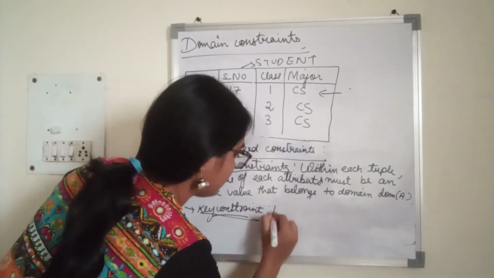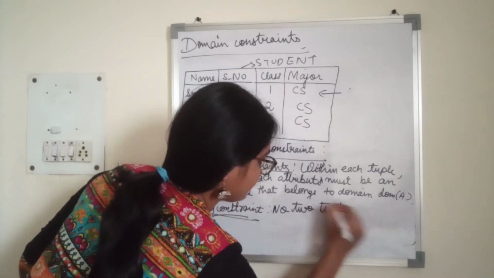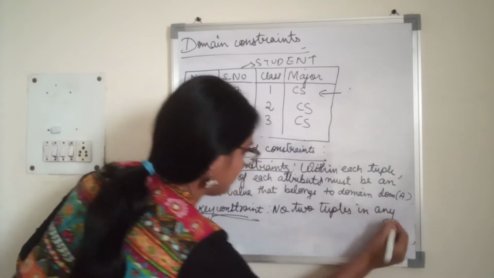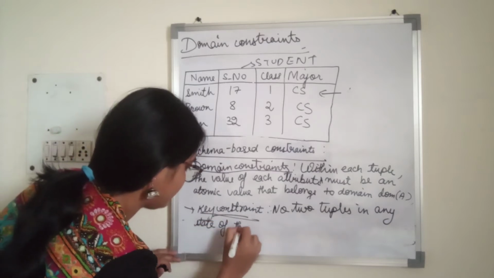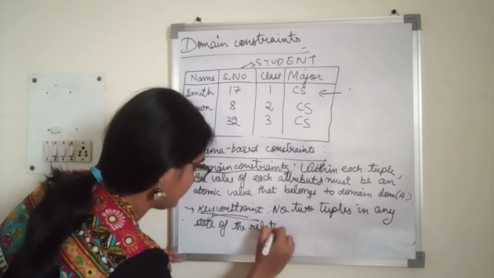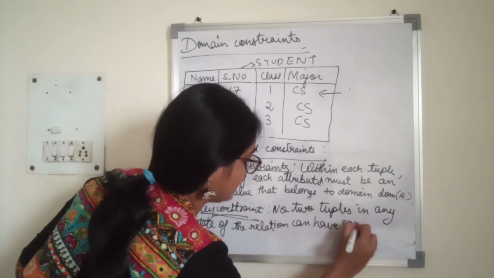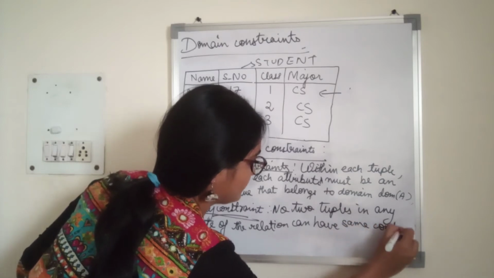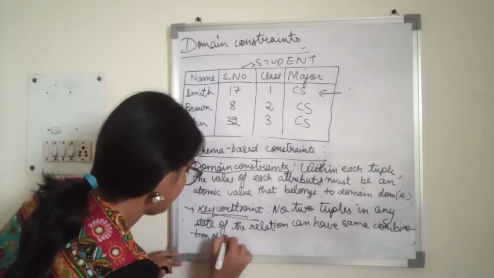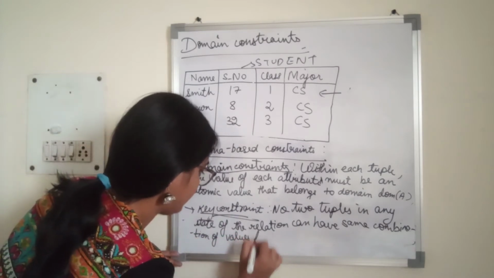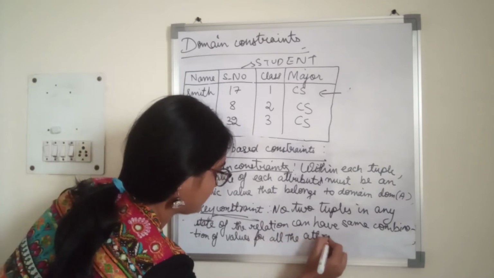It says that no 2 tuples in any state of the relation can have the same combination of values for all the attributes.